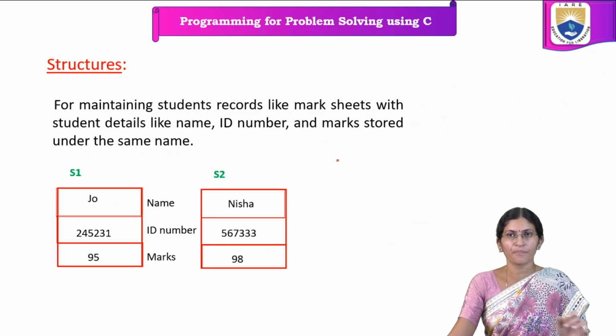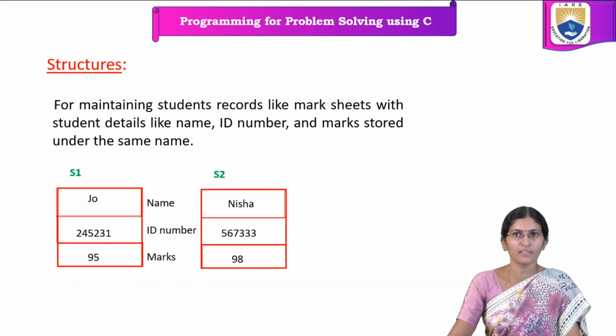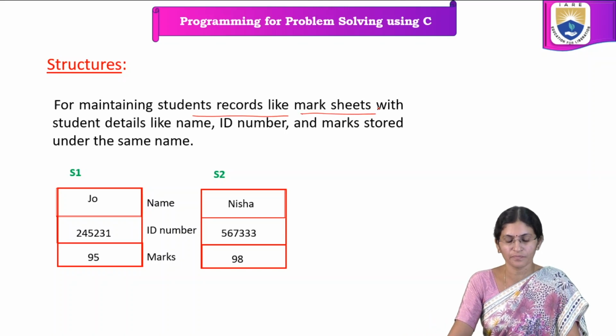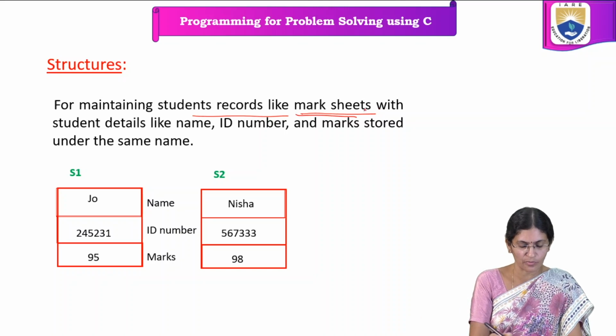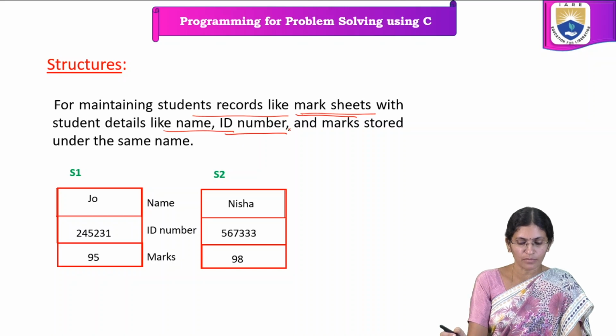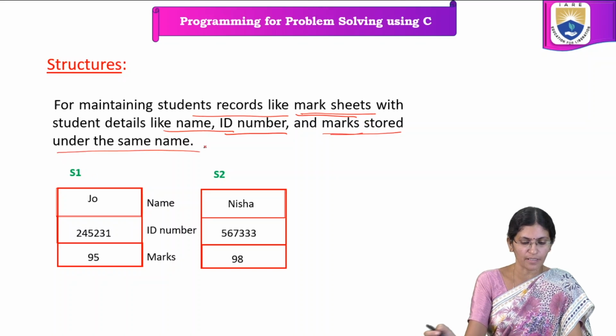Next, the other example is for maintaining student records like mark sheets. In order to provide mark sheets to the students, we need to know the name of the student, then ID number of the student and then the relevant marks for each subject, stored under the same name.